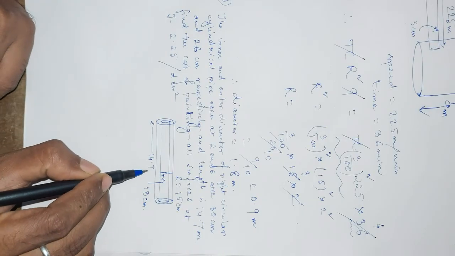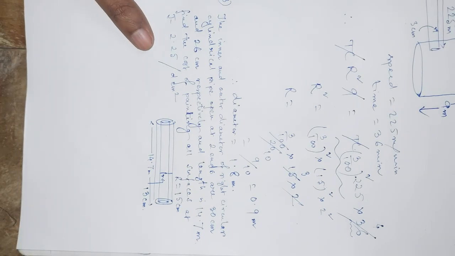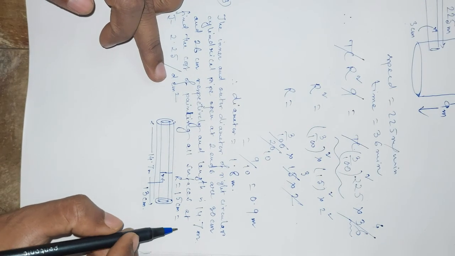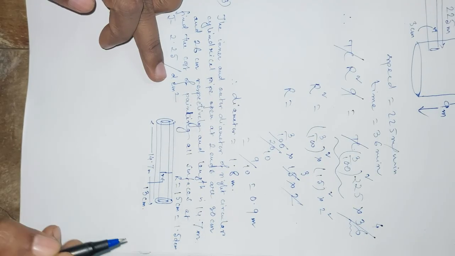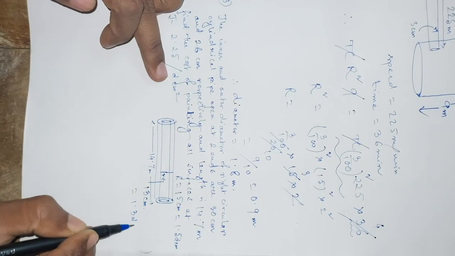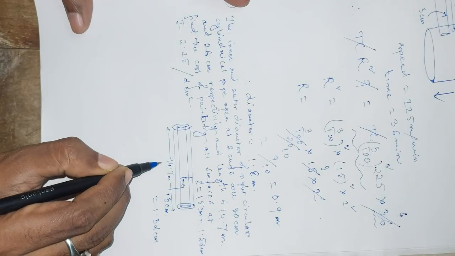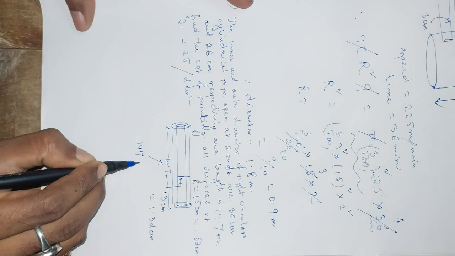Okay, now we can convert all these units into decimeter to make the calculation easier. So 15 centimeter is equal to 1.5 dcm, 13 centimeter is equal to 1.3 dcm, and 14.7 meter is equal to 147 dcm.